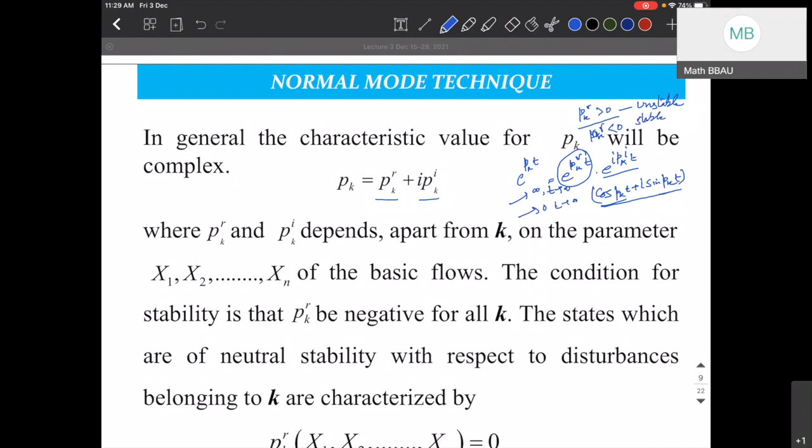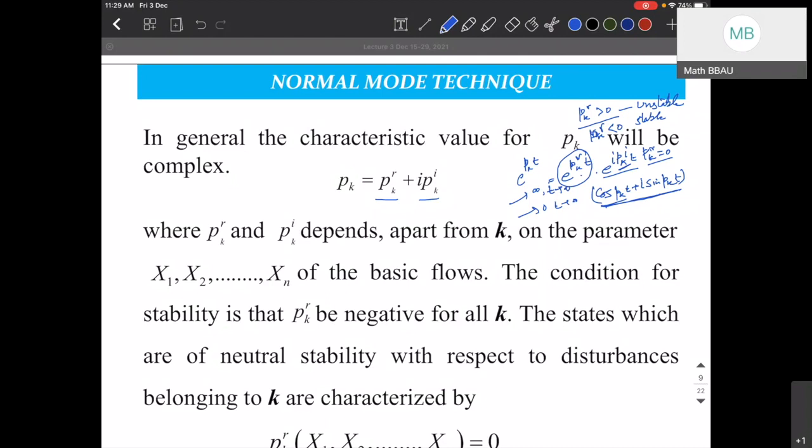And now if p_kr is 0, then we will have neutral stability. And if p_kr is 0, we may have some oscillatory instability there. Then it will depend on whether p_ki is 0 or not. If p_ki is again 0, then the principle of exchange of stabilities is valid. And if p_ki is not 0, then definitely oscillatory instability is in the system.